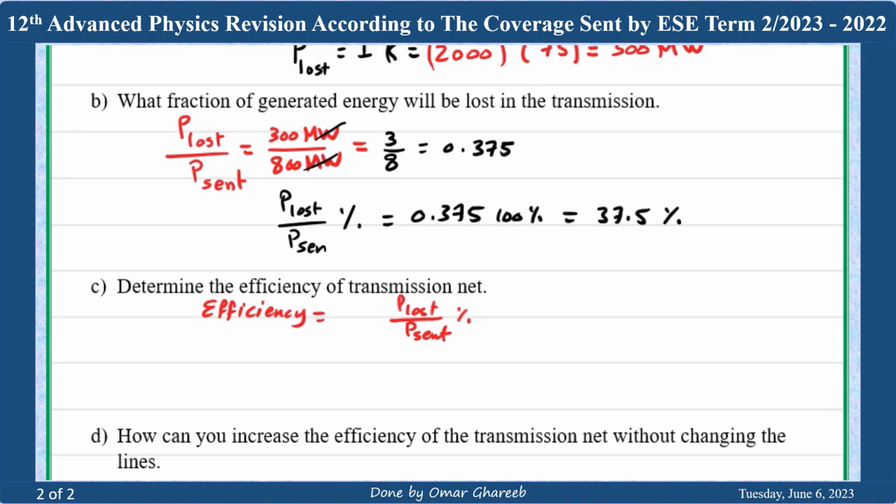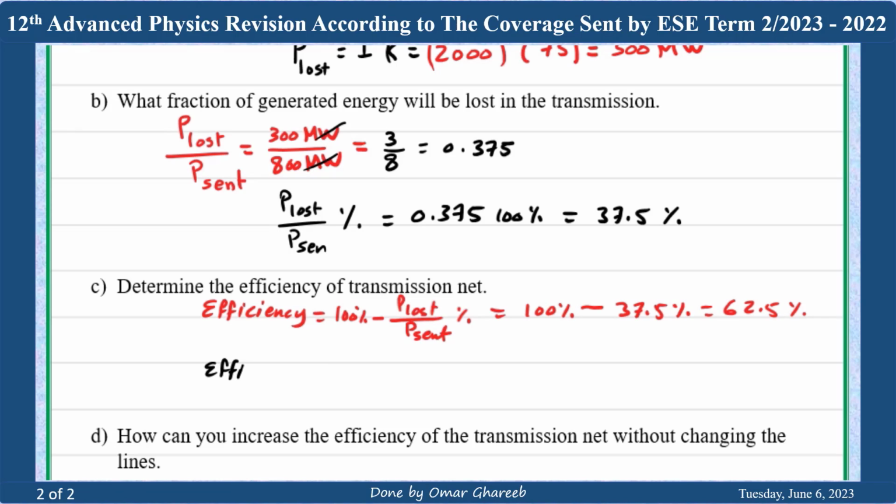So efficiency equals 100% minus 37.5%. It is 62.5%.